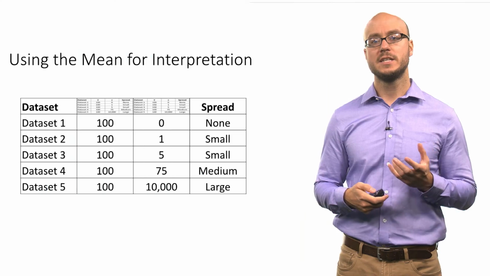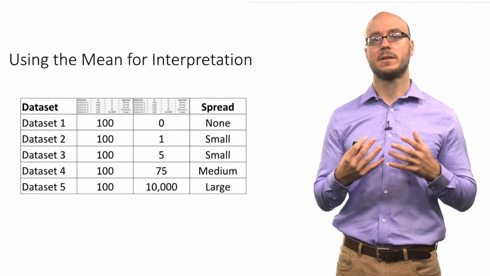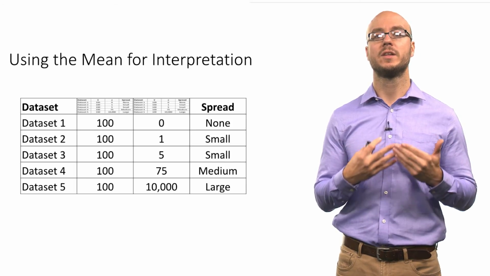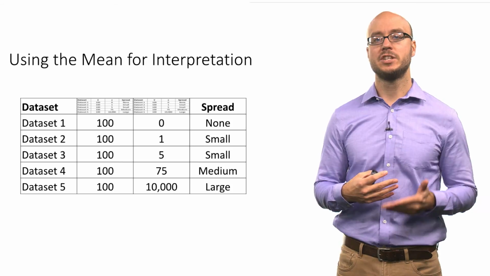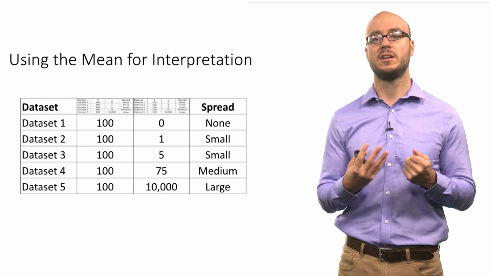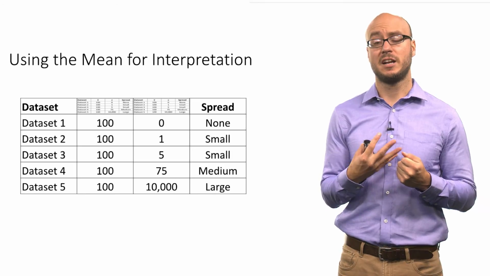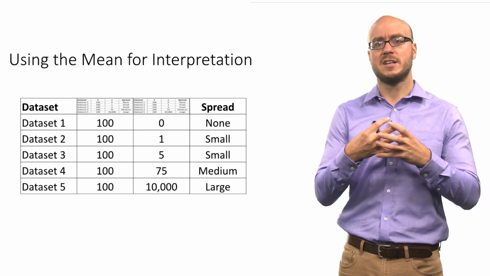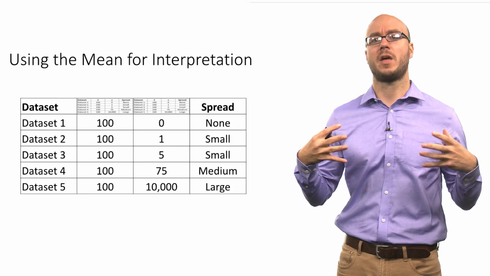So what you can see is that we can think about how to interpret the sample standard deviation by comparing it with the sample mean. In each of these cases, we've kept the sample mean the same. We've just altered the sample standard deviation. If the sample standard deviation is very large relative to the sample mean, that's characterizing a distribution that has a lot of spread around that mean.